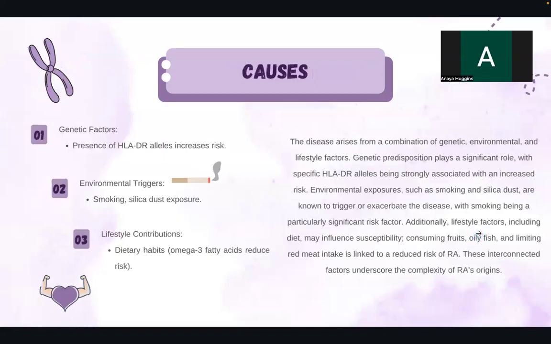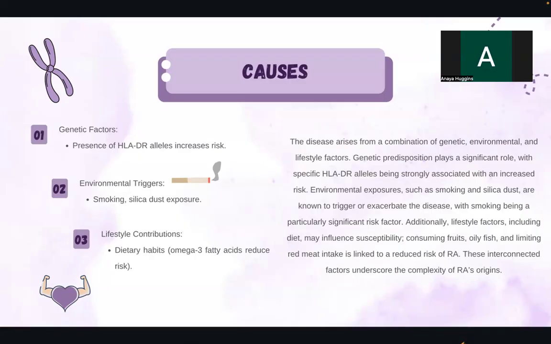So causes. The causes of rheumatoid arthritis are multifactorial. Genetics play a pivotal role, particularly variations in the HLA-DR gene, which increases susceptibility. Environmental factors like smoking and silica exposure can trigger or worsen the disease, especially in genetically predisposed individuals.